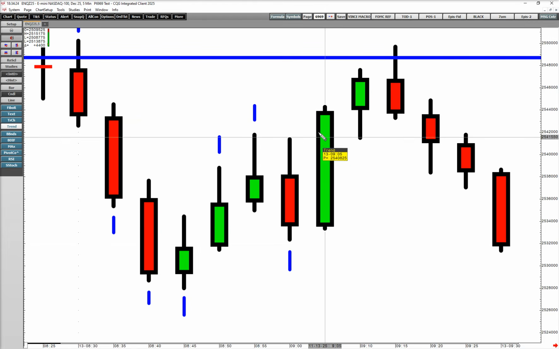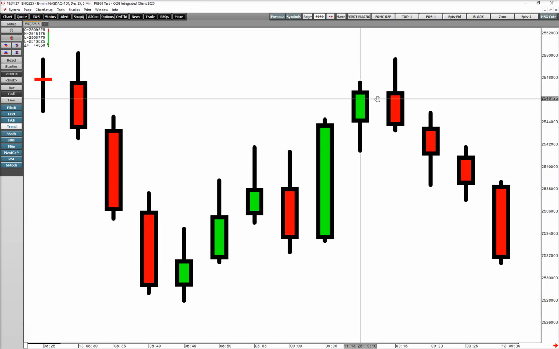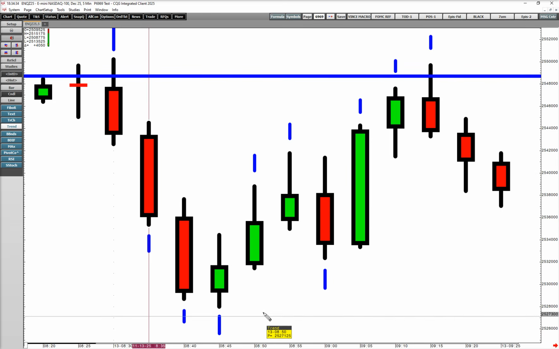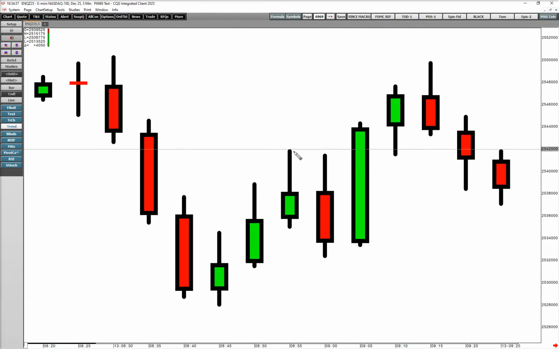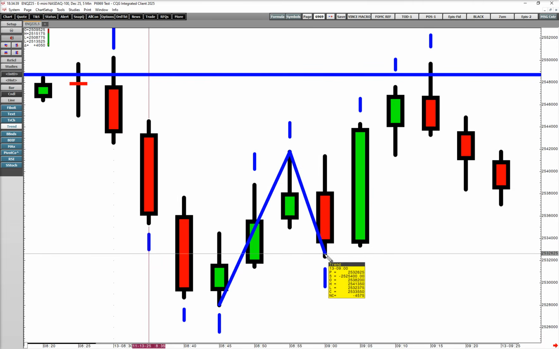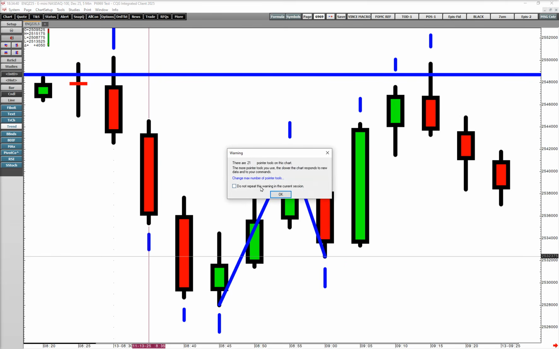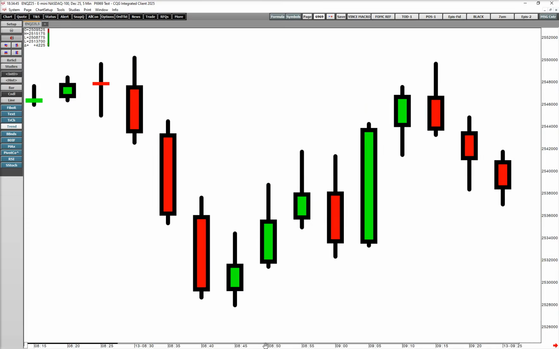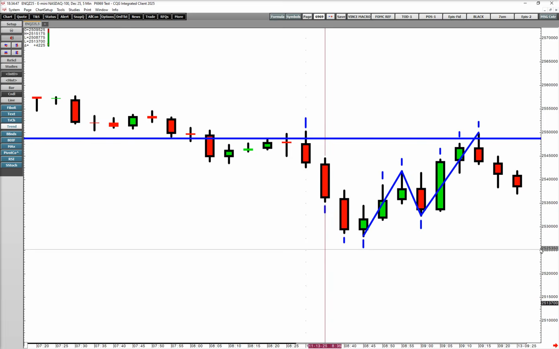Now again, higher low, higher high. This is an up bar, this is an up bar, and this is an up bar. So this is how you can see the mechanics of how we count the waves to know that this is an ABC pattern.